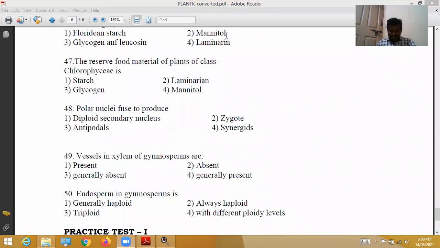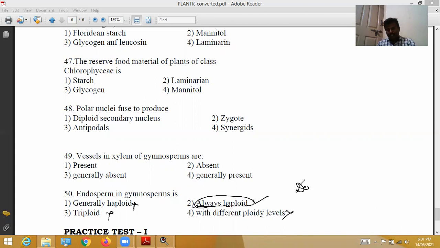Endosperm in gymnosperms is generally haploid. Always haploid is the correct option.